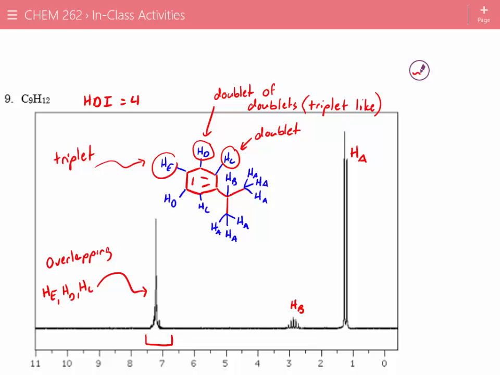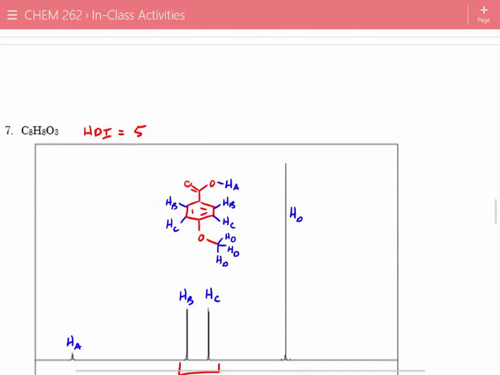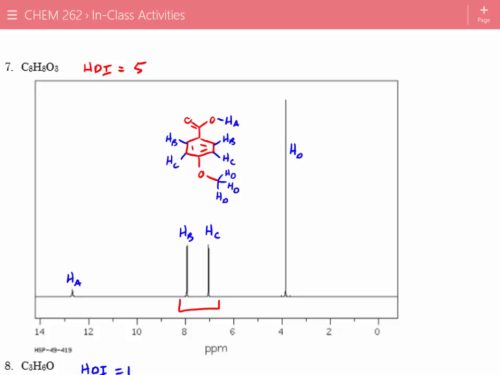So those are all overlapping there. This one I thought was pretty challenging. The key being is when you only have one substituent coming off of an aromatic ring, those remaining signals tend to clump together and overlap really well. Whereas if you look at our other example up here, when you've got substituents coming off of other positions, meaning not just one substituent coming off the ring, you tend to get much nicer looking splitting patterns.